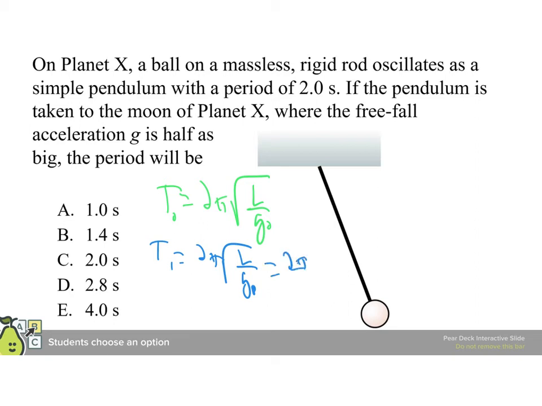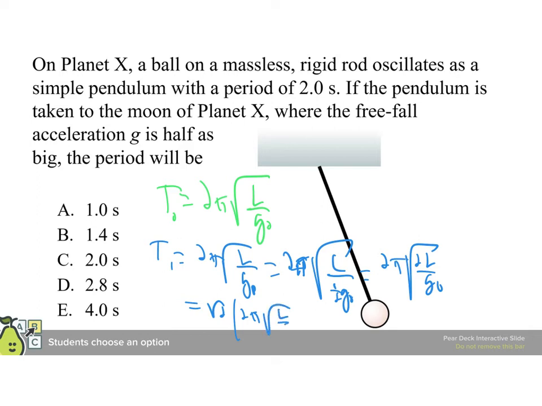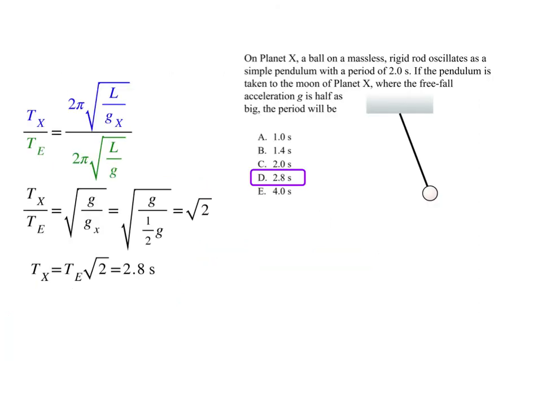But that's 2π√(L/(½g₀)), so 2π√(2L/g₀), which is √2 times 2π√(L/g₀), or √2 as large. Since we start at 2 seconds and the root of 2 is 1.4, we get 2.8 seconds.